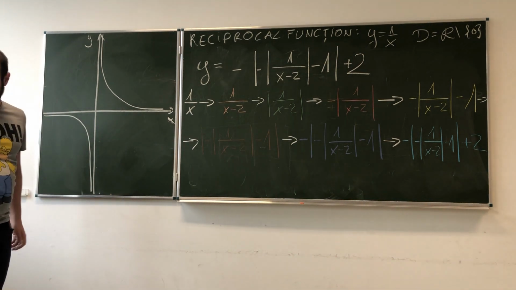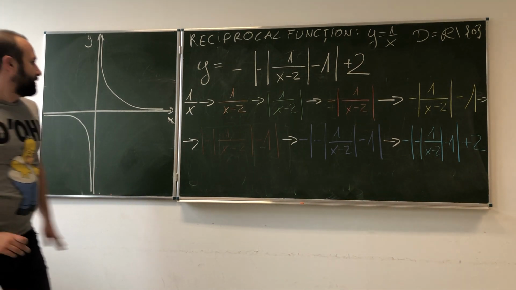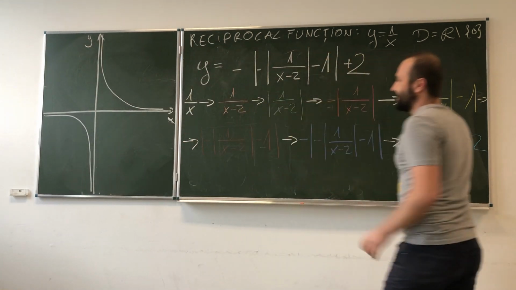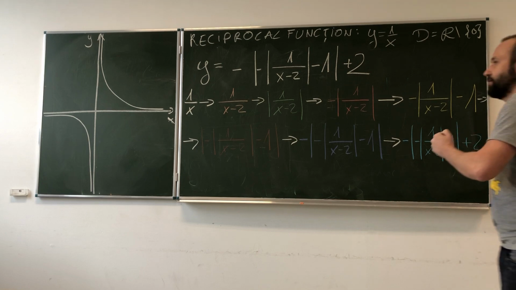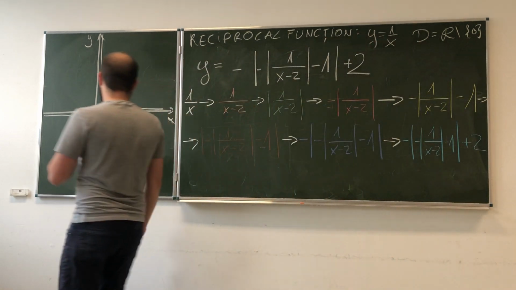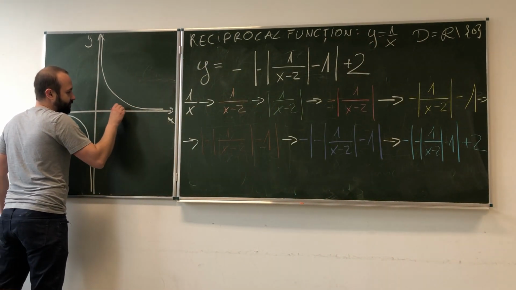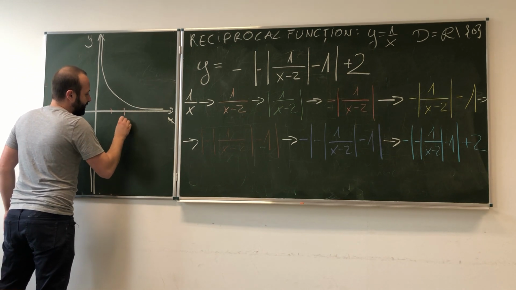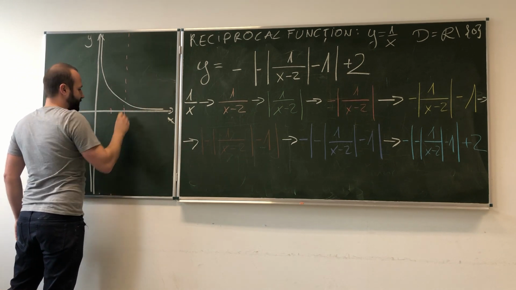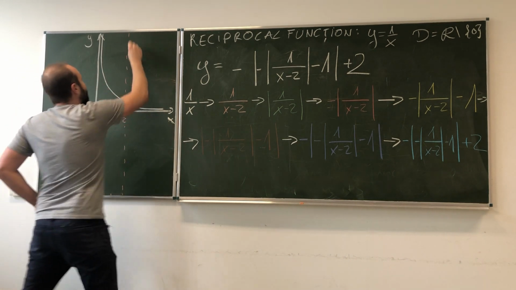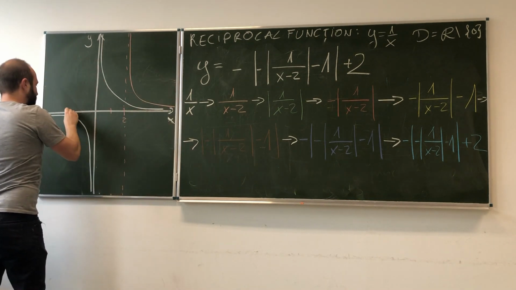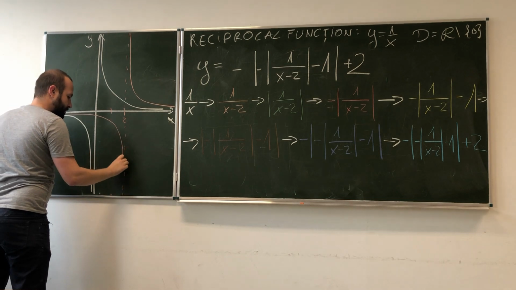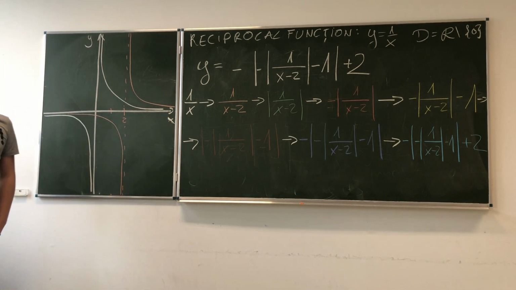First thing we need to do, we need to subtract 2 from x, which means we are moving the function by 2 units to the right. The easiest way, of course, to do it is by drawing a new asymptote over here and just drawing this function in a new location.